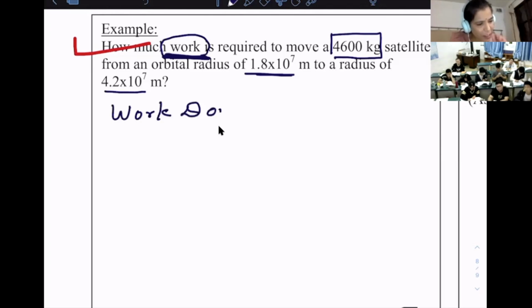Work done is what? Change in gravitational potential energy. Very good. Change in the gravitational potential energy.